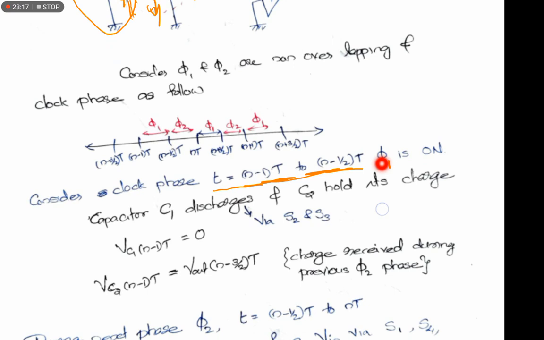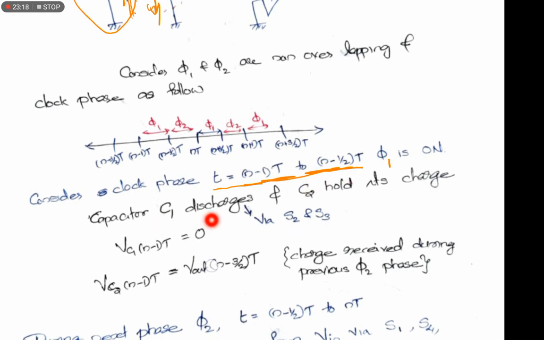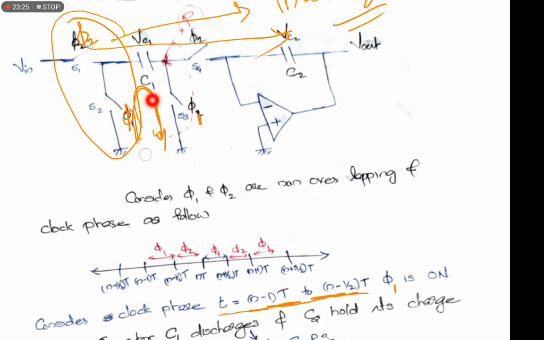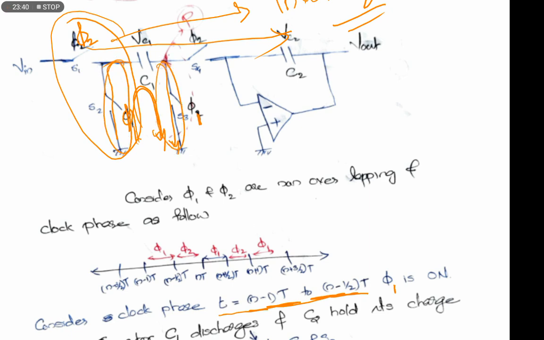When phi 1 is on, C1 discharges via S2 and S3, and C2 holds its charge. When phi 1 is on, these two are connected together, and the capacitor discharges via these two points. While discharging, all these elements are connected to ground, so there is no stray capacitance.